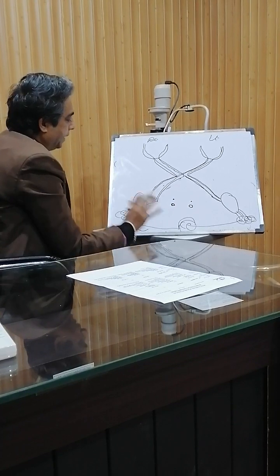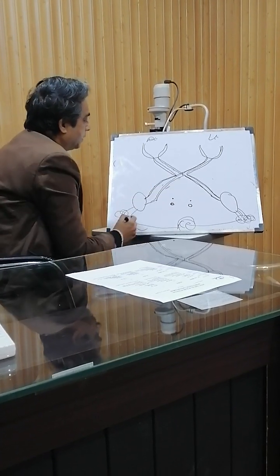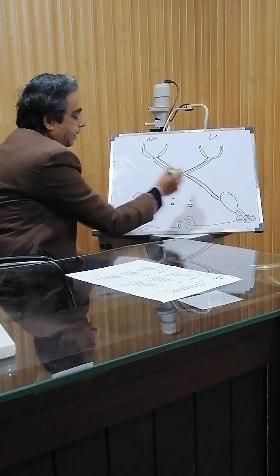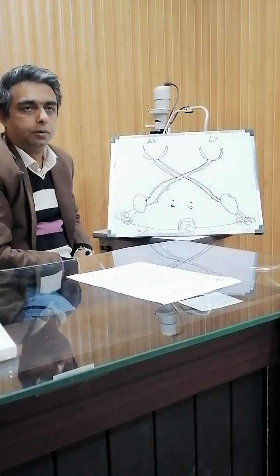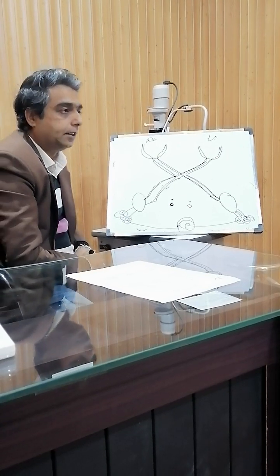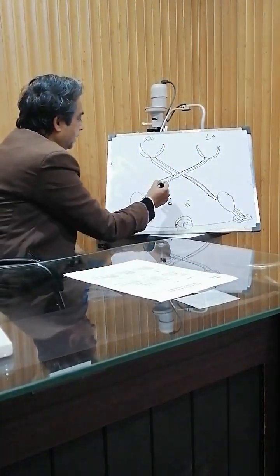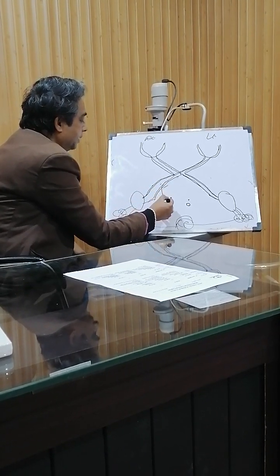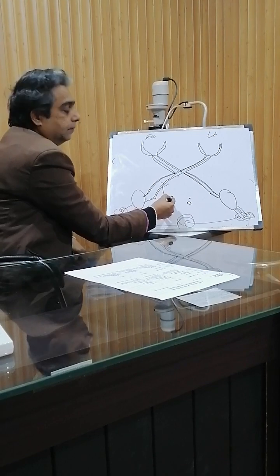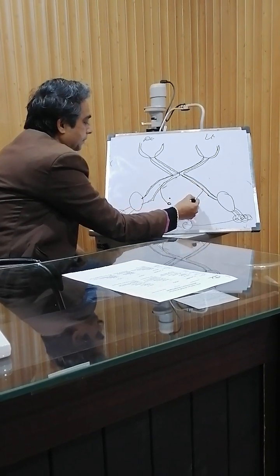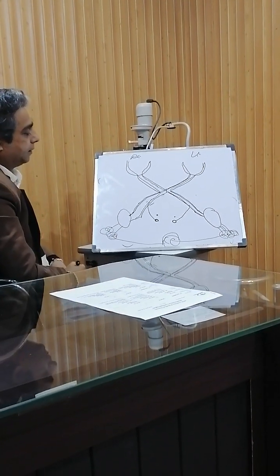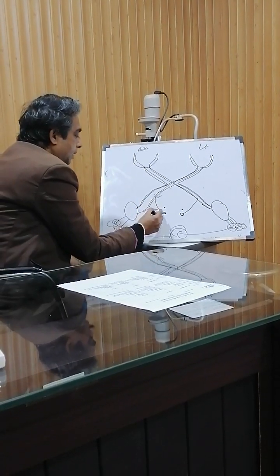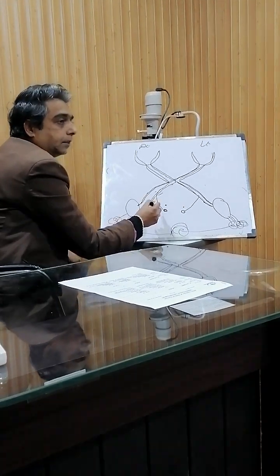Though they do not have direct connection, some of the fibers from the optic tracts of both sides, before they enter into the lateral geniculate body, leave the optic tract and enter into the Edinger Westphal nucleus of the third nerve from both sides. And this is the level of the superior colliculus.